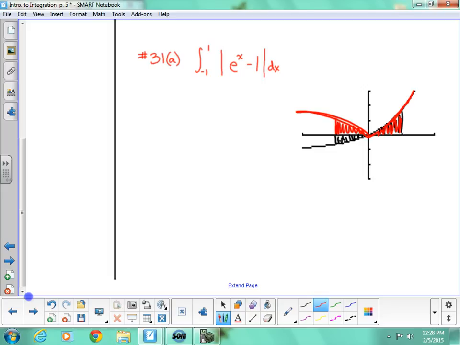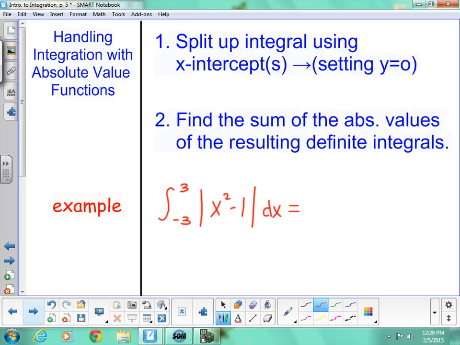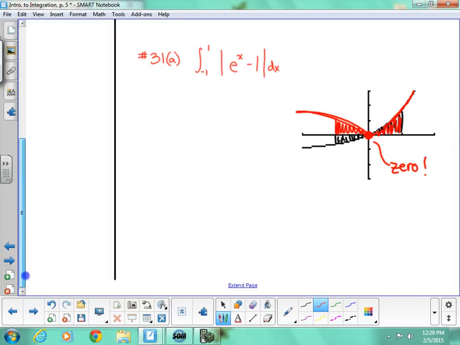That's a drastically different answer, right? Question, where is the point at which all of this changes, on one side it's happening, on one side it's not? What's special about the point in between? It's the 0 of the function. We're probably not going to get to it fully until tomorrow, how to handle integrals with absolute value when you're doing it by hand.